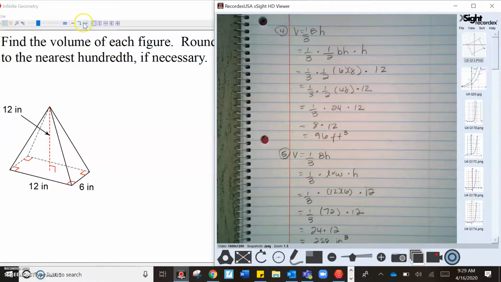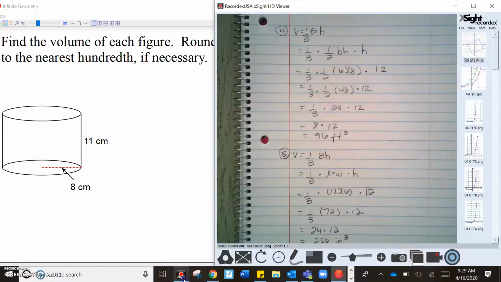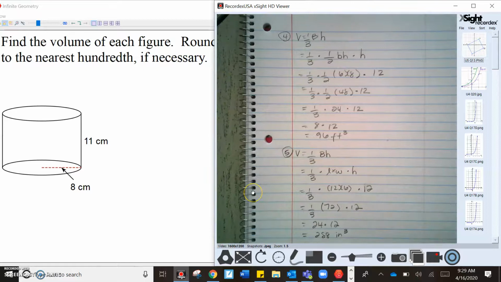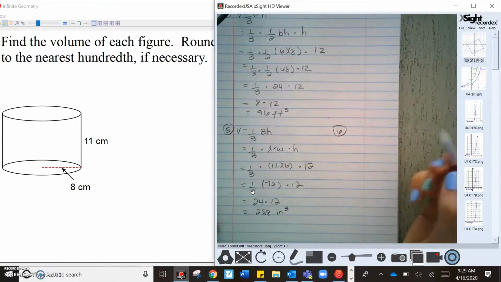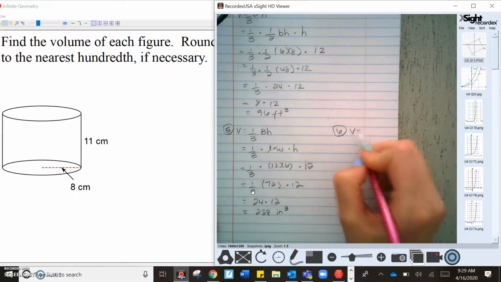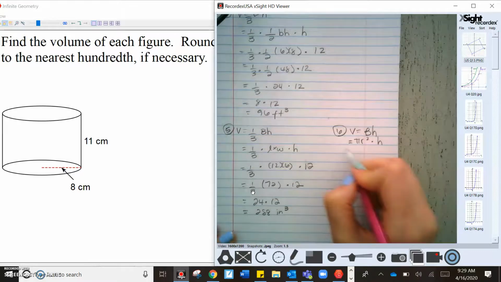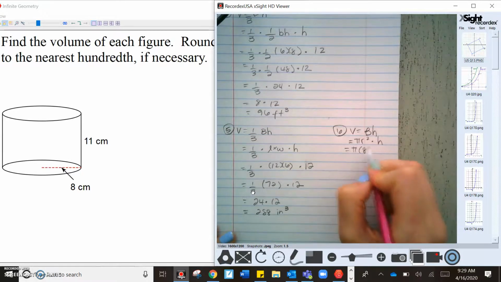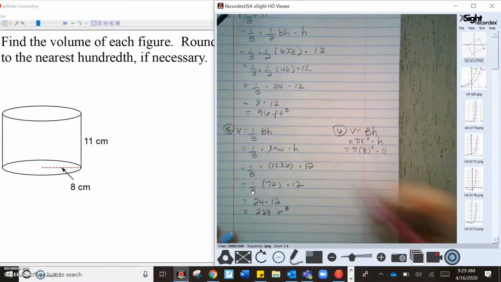One more last example here. When we have a cylinder, just move my paper over, save paper. We have a cylinder, so that volume is going to be base times height. And that area of that base is pi r squared times the height of my cylinder. This time I do have a radius of 8, so pi times 8 squared times the height of my cylinder, which is 11.